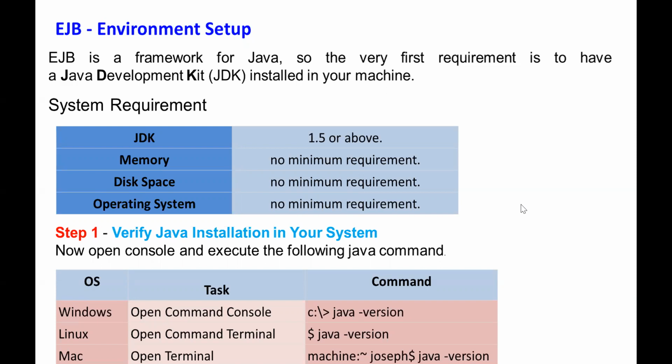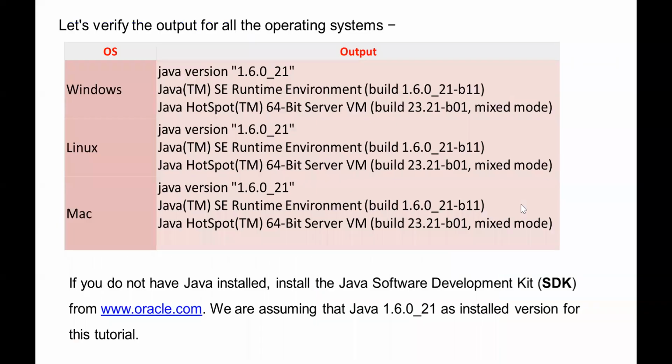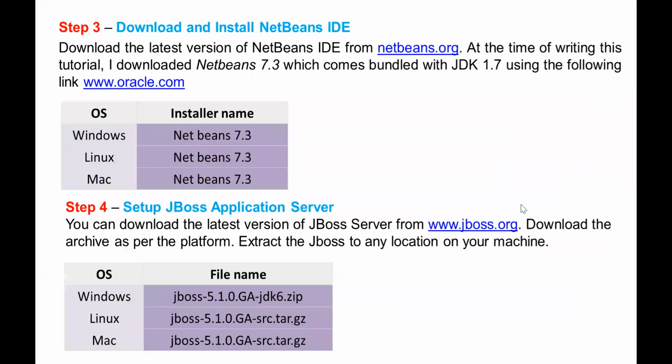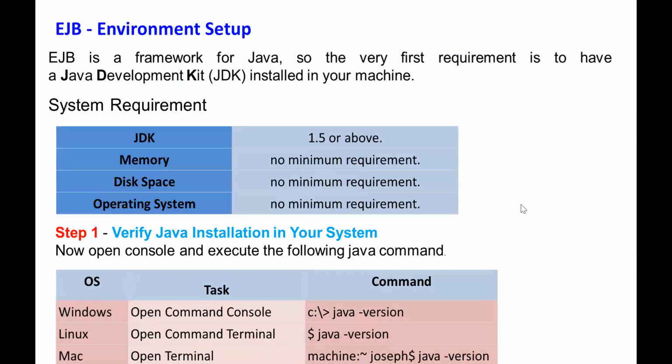You can go one slide at a time. The slides contain how the environment of our operating system can be configured and how to set the Java environment. There are 7 steps to set up the environment of EJB.